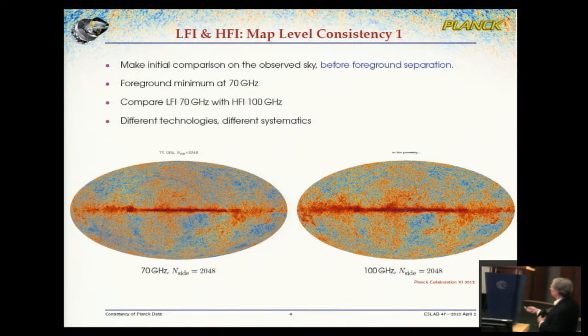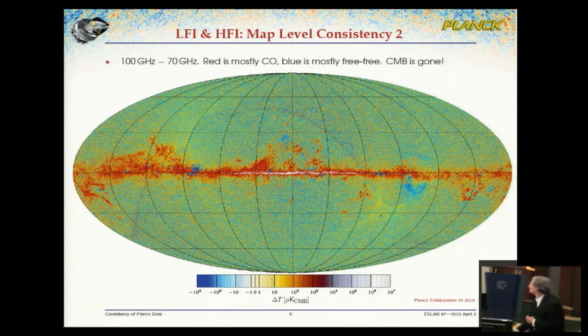To make this comparison, we'll compare 70 gigahertz with 100 gigahertz, the 2 frequencies closest to the foreground minimum. Once again, different technologies, different systematics. Here are the 2 maps. 70 gigahertz is usually shown at Nside 1024, but here it's made at 2048 to be the same as the 100 gigahertz map. Here's the difference between them.